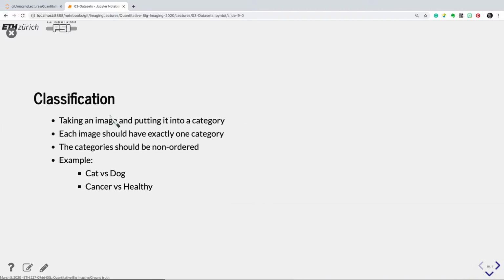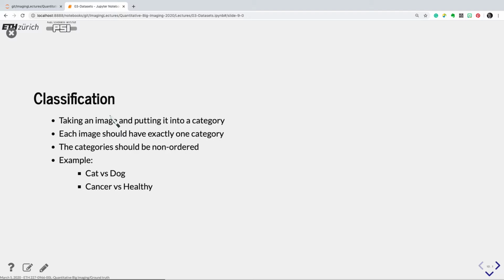Looking at classification, it is taking an image and putting it into some category. Could be dogs and cats, or which kind of dog and which kind of cat, depending on how precise you want to be. And each image can only have one category.